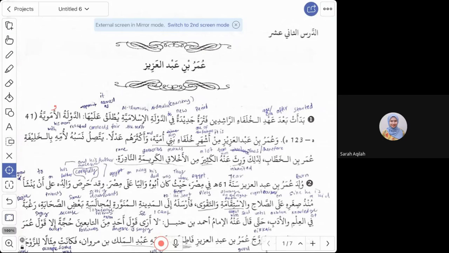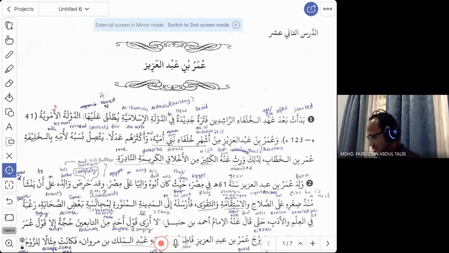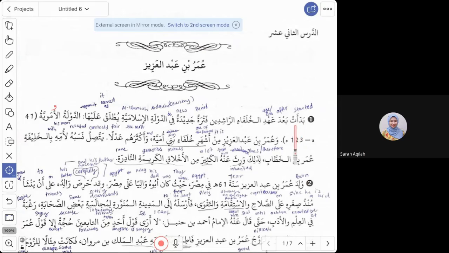So the meaning of the whole sentence: it begins after the period of Khulafa ar-Rashidin.